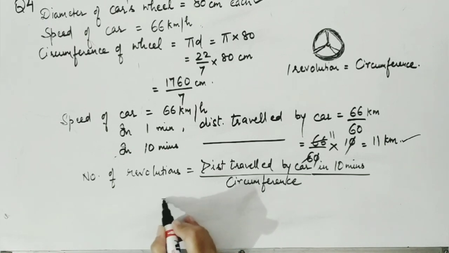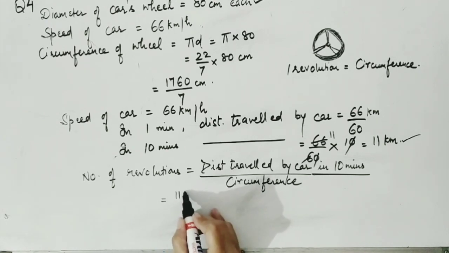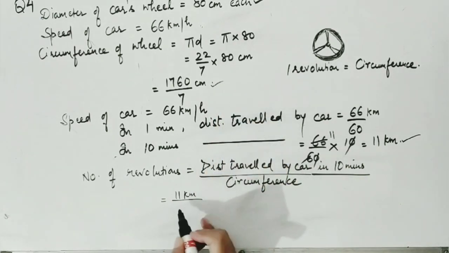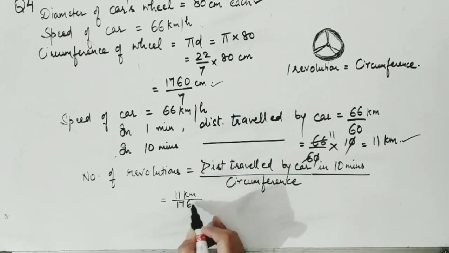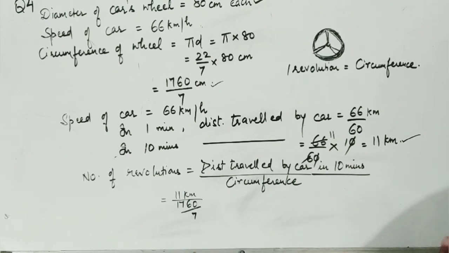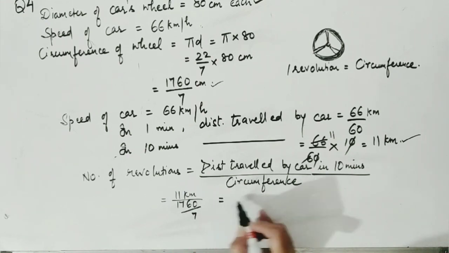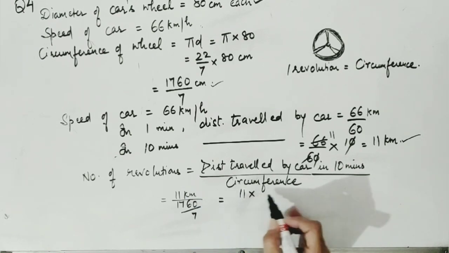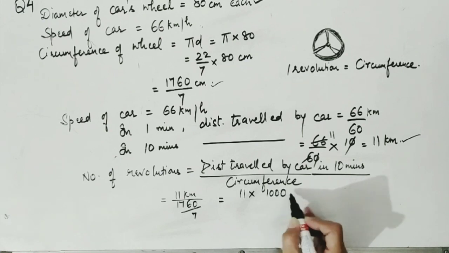Substitute the values: 11 kilometers upon the circumference, which is 1760 upon 7. In the next step, this is 11 in kilometers, convert it into meters.